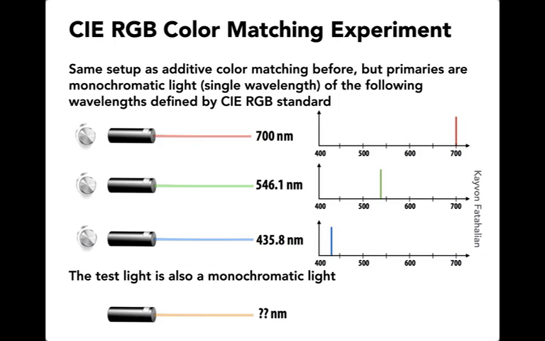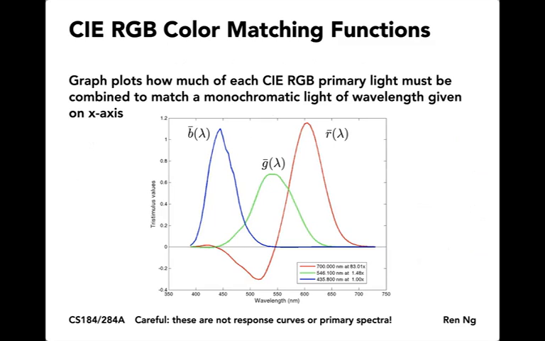Sampling every wavelength of the visible spectrum. For each one of those wavelengths, you do a color matching experiment. You get a human subject to find the ratio of these 3 color primaries to match that monochromatic test light. If you do that, what's the data going to look like? It looks like this.